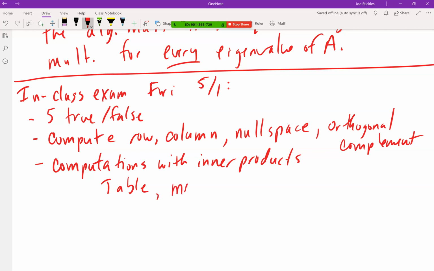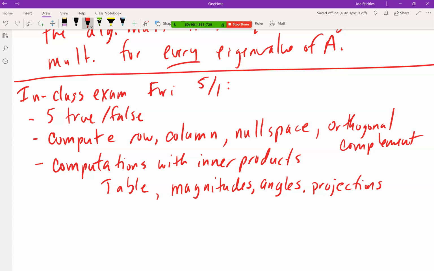Also being able to do magnitudes, angles, projections. Again, very computational things. And I would not be asking you to prove something is an inner product space or anything along those lines. This is literally, can you do the computations?